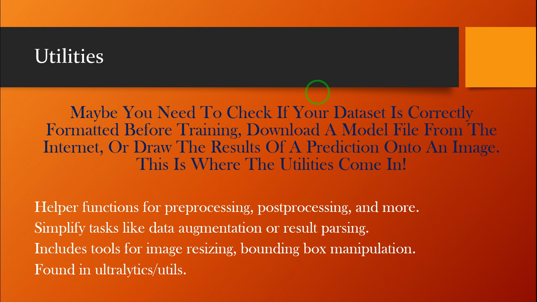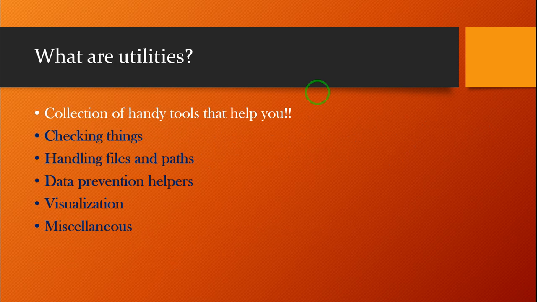So these tools are helper functions for pre-processing, post-processing, and more. They also simplify tasks like data augmentation or result parsing. Also they include tools for image resizing and bounding box manipulation. So as I mentioned, these are the handy tools that can help you.